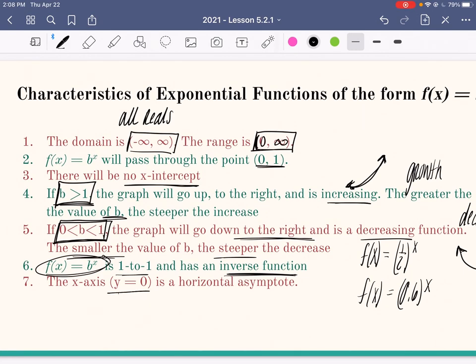Okay, and then again, I noted here that y equals 0 is the horizontal asymptote. The horizontal asymptote can change locations if there's a vertical shift. So if there's a vertical shift, then the horizontal asymptote will just shift with the entire thing.